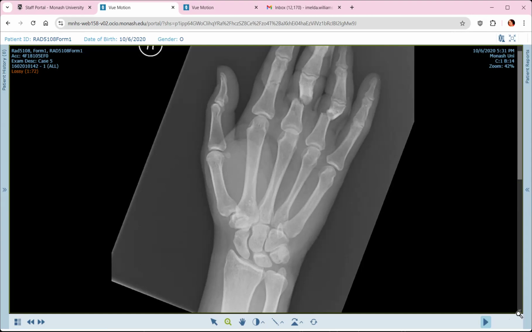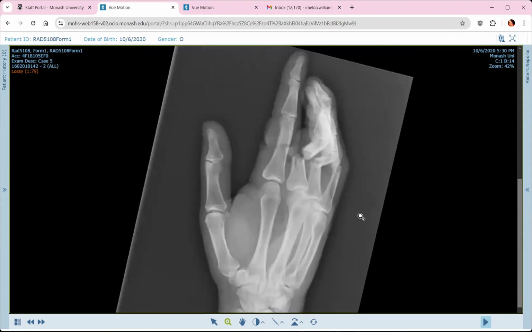So if we look at the next case, here we can see the undisplaced fracture of the second proximal phalanx, and it's mid shaft of that proximal phalanx. And then we can see that the fractures of the third and fourth proximal phalanx are angulated fractures. So they are also comminuted because we can see there are multiple loosened lines now that we have got this view.